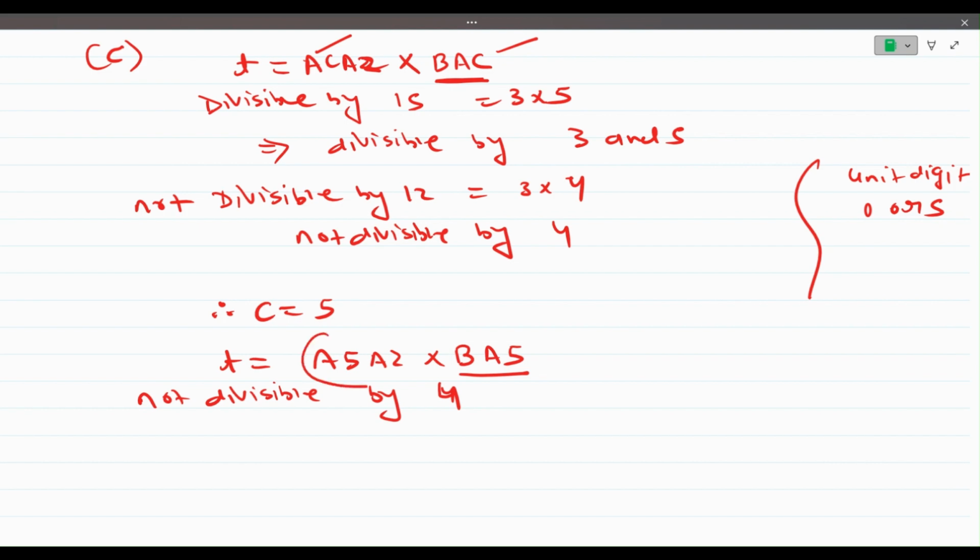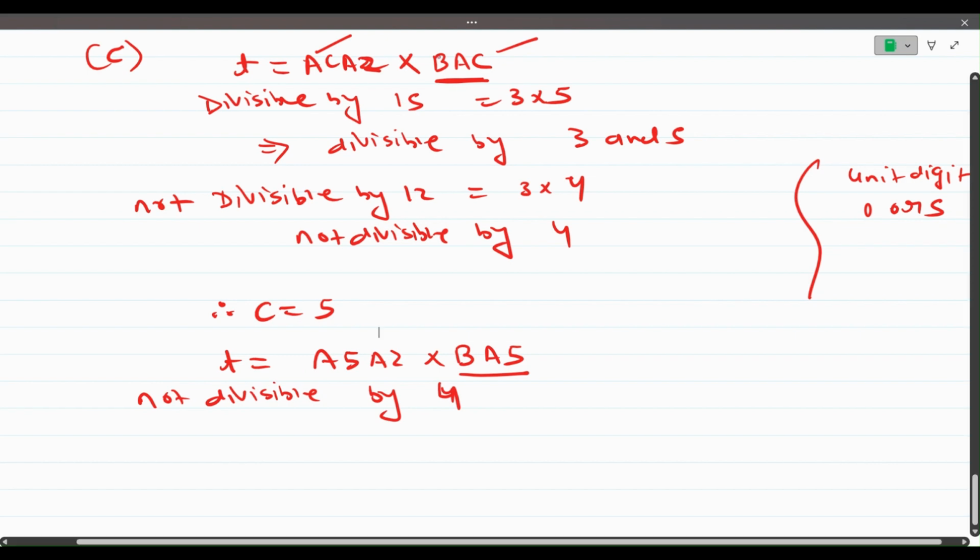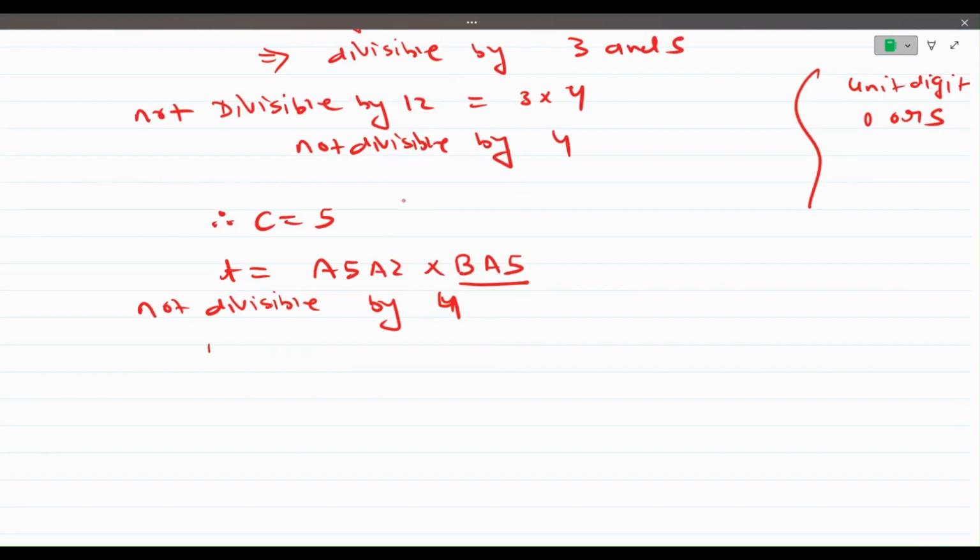So either this is divisible by 4 or not.